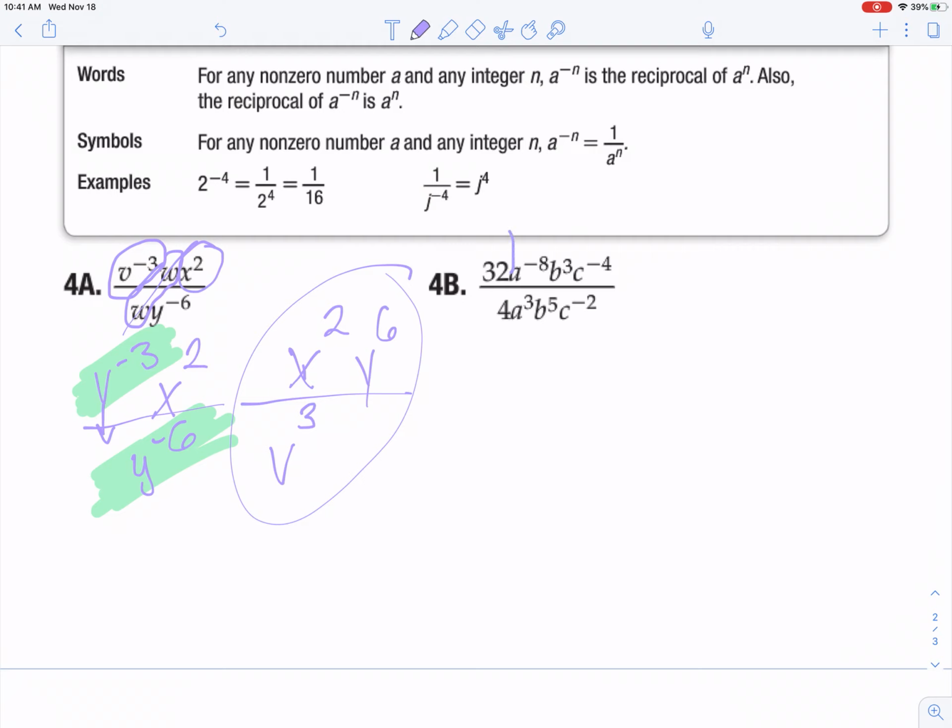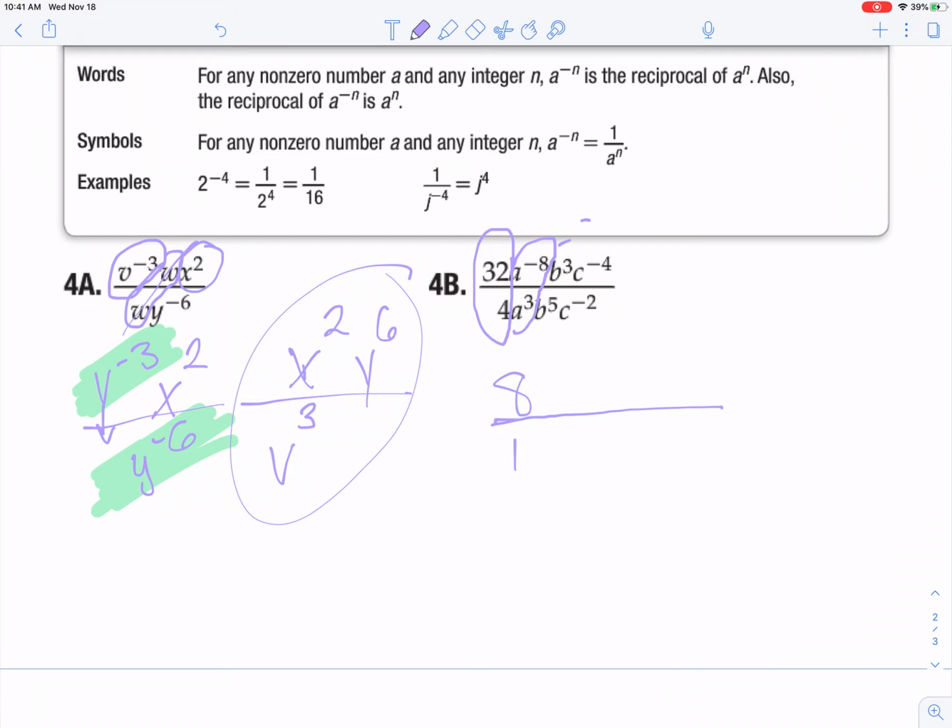Let's try 4b. The first thing I need you to remember is normal numbers do normal number things. Don't subtract these. Either simplify the fraction or do division. 32 over 4 simplifies to be 8 over 1. Now let's do our a's, and again, those are going to end up on top.